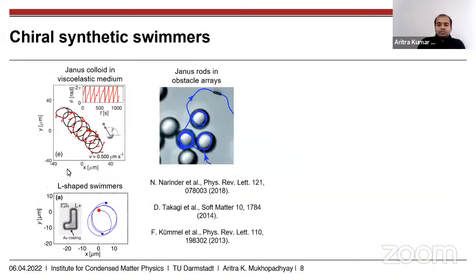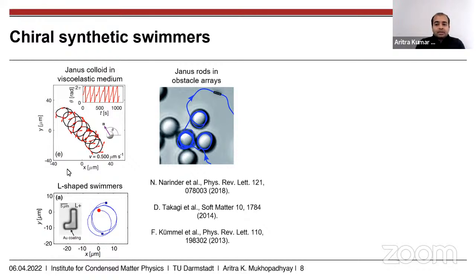Based on these examples, researchers have already designed a few chiral artificial swimmers. For example, we have Janus spheres, Janus silica colloids, which when half coated with carbon, have been shown to exhibit chiral motion in non-Newtonian viscoelastic fluid, as shown in the first diagram here.